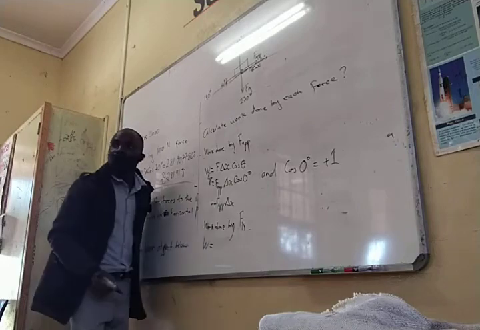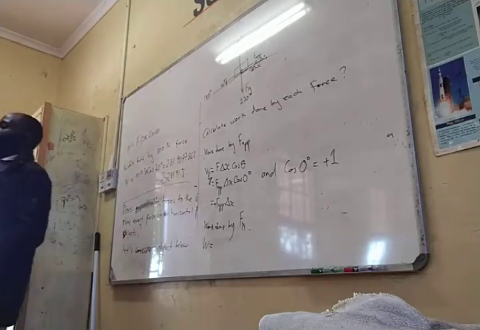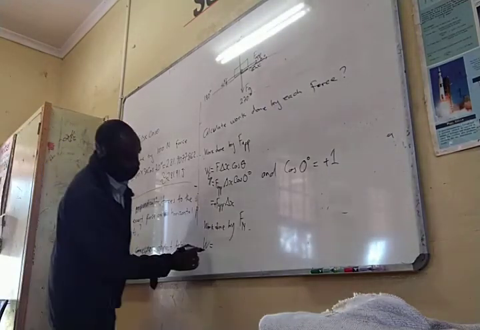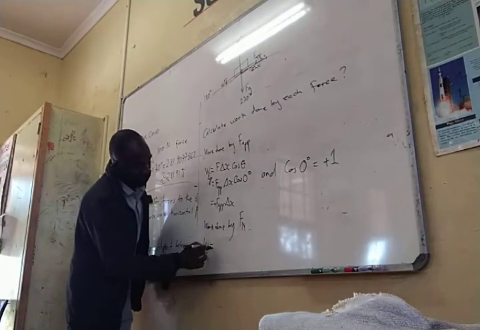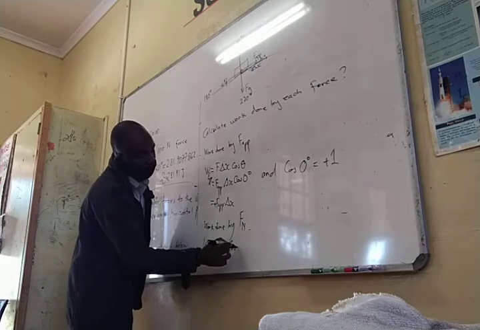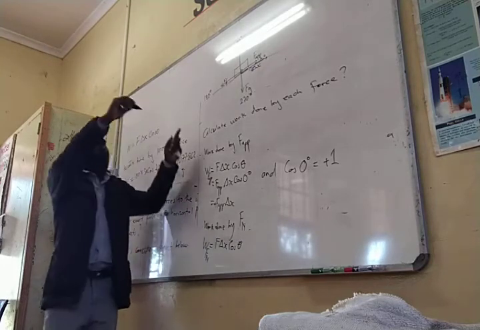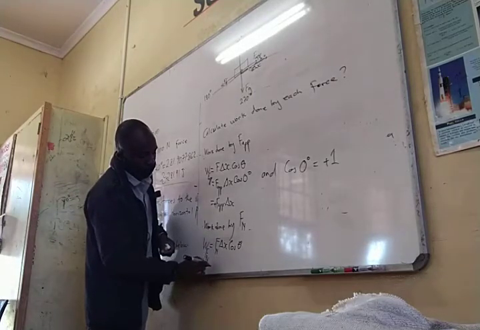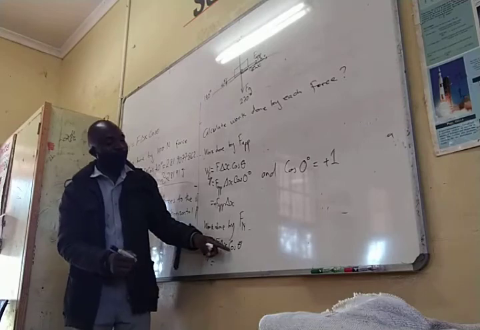Work equals F delta x cos theta. In this case, how much is theta?